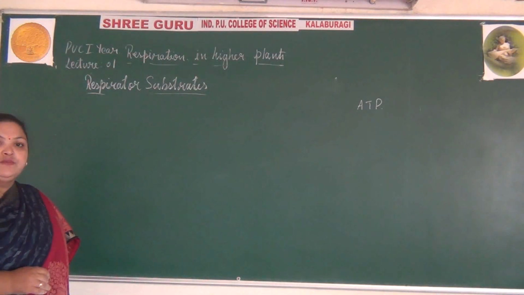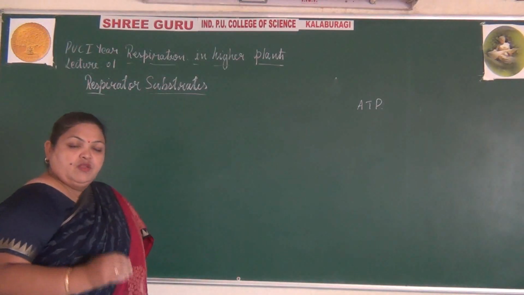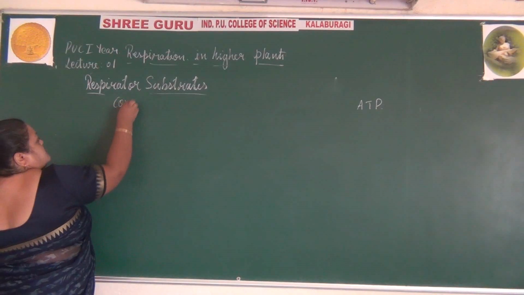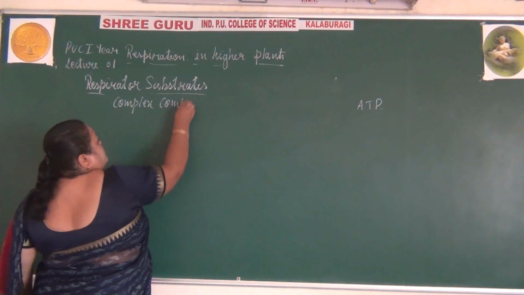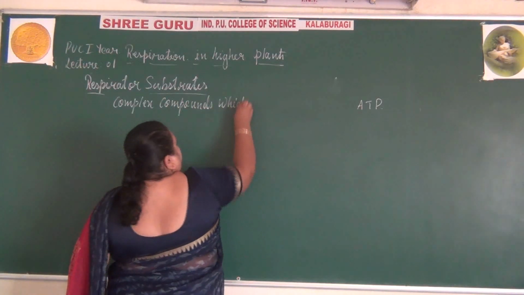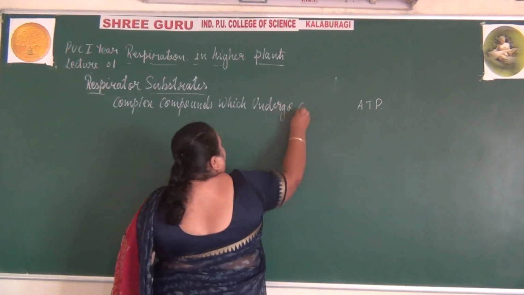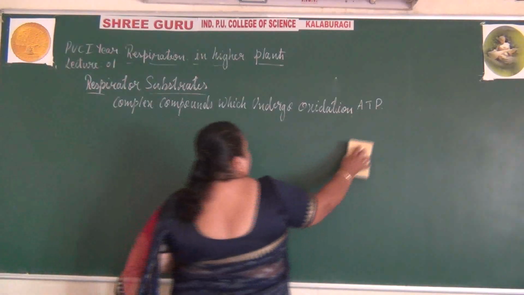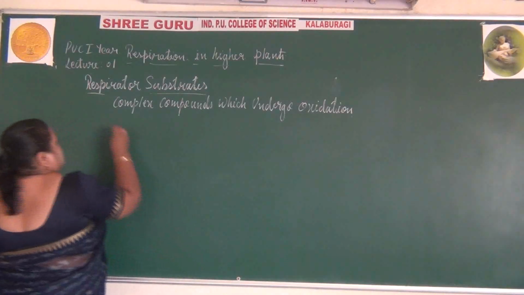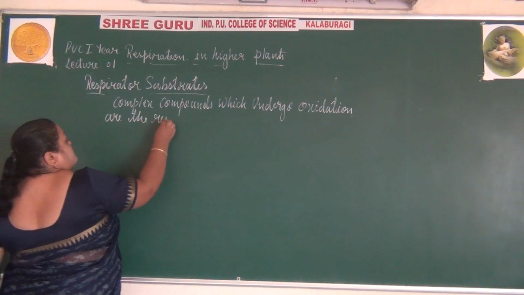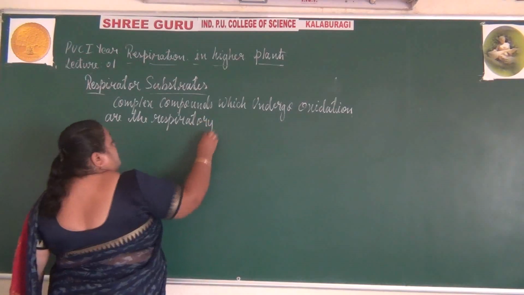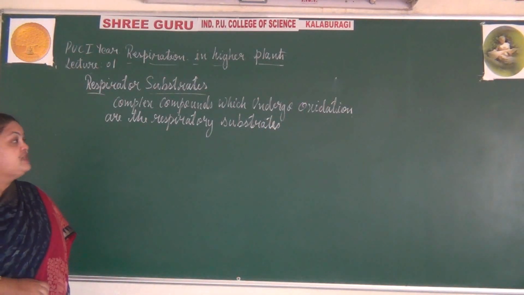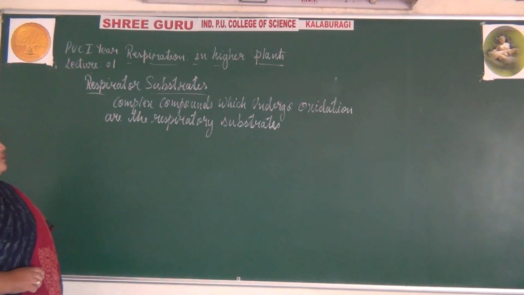The complex food components which undergo oxidation are called respiratory substrates, or we can say that the complex compounds which undergo oxidation are the respiratory substrates.